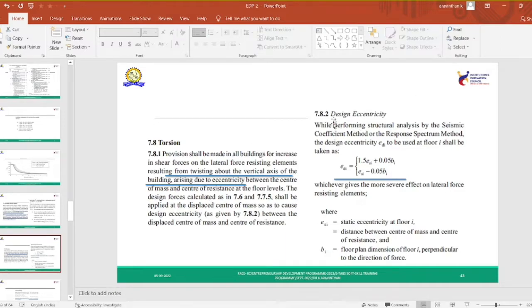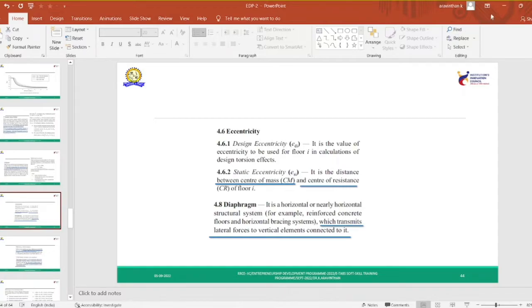How to design for torsional eccentricity: 1.5 times e_si, the static eccentricity, plus the base dimension b. You can find the eccentricity as the difference between the center of mass and the center of resistance. If you need to find that, it is available in the analysis result.